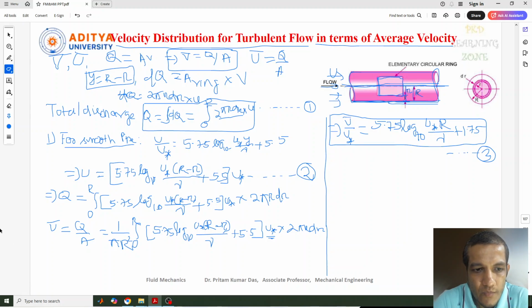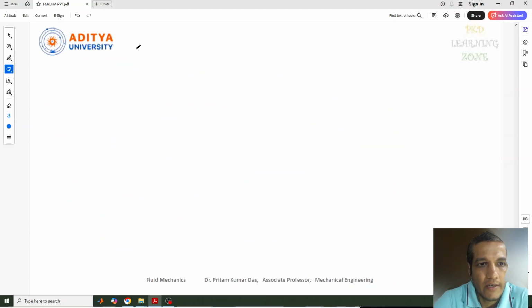Now similarly, this is for the first condition. Similarly we need to go for the second condition, which is for the rough pipe. In the rough pipe also, we need to see the previous equation we derived for the smooth pipe condition. Let me write here, this is the second condition for the rough pipe.